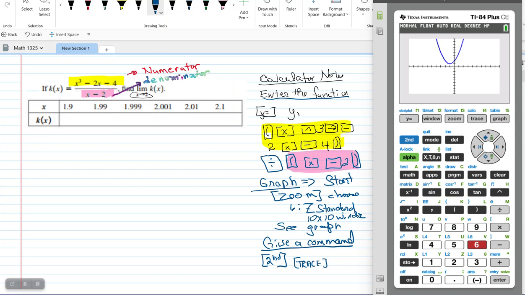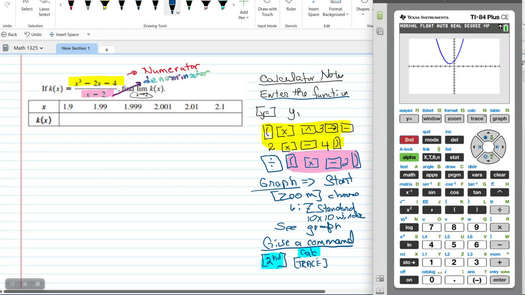We say it as second calc because with the second key we get what's blue on the top. All right, so let me do this, the second key and calc, because that's what we want to work on. So let me get back to my pen here.